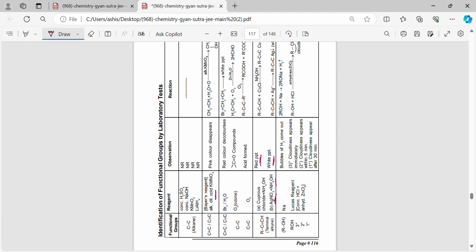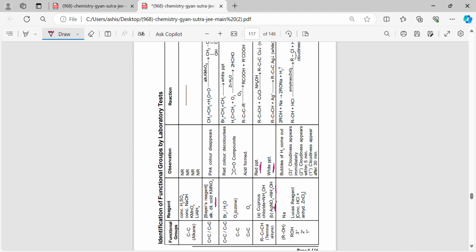1-degree, 2-degree and 3-degree alcohols can be distinguished using Lucas reagent. When 3-degree alcohol reacts with Lucas reagent, turbidity appears immediately. For 2-degree alcohol, when it reacts with Lucas reagent, turbidity appears after 5 minutes.